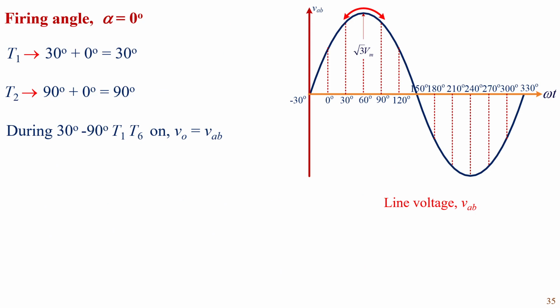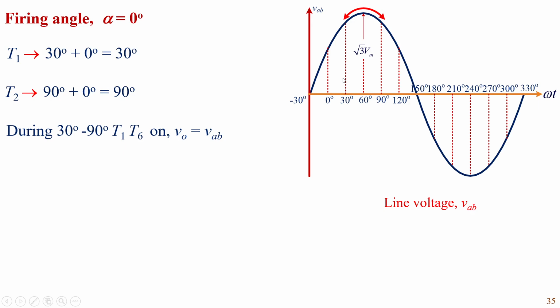Let us consider another case for alpha equals 0. For alpha equals 0, T1 is turned on at 30 degrees and T2 is turned on at 90 degrees. So during 30 to 90, T1, T6 conduct, and the load is subjected to VAB.